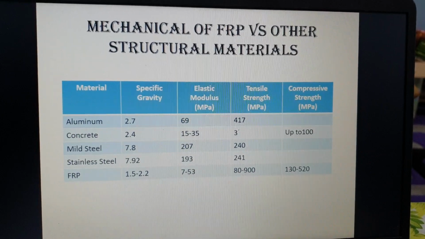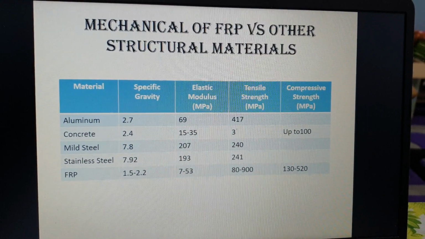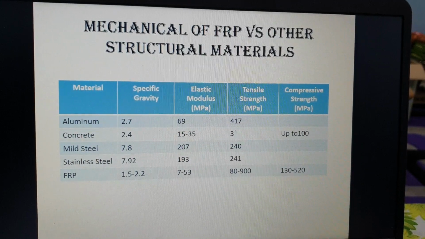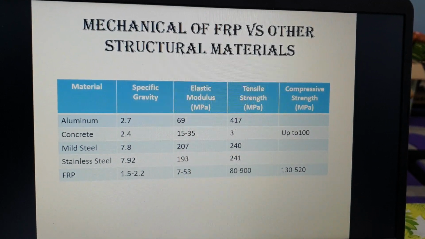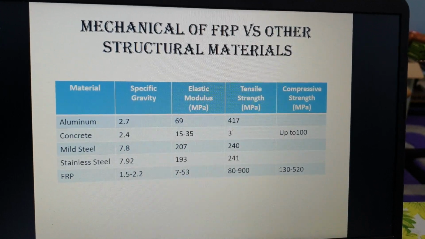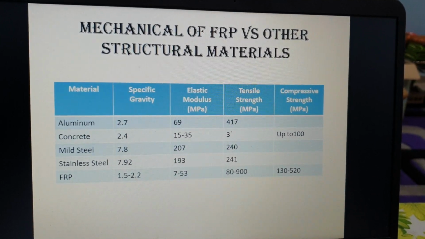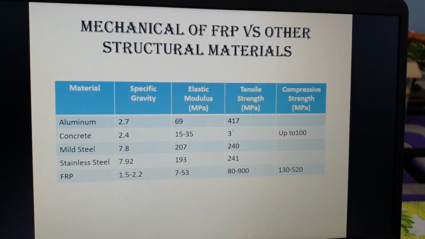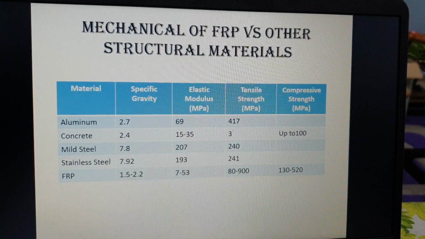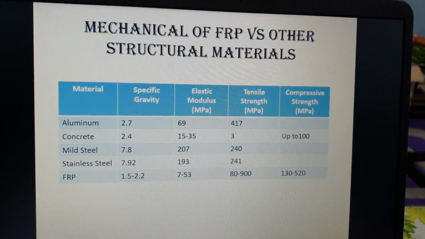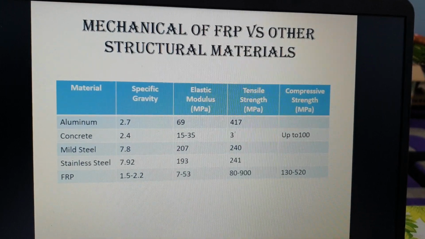If we look into specific gravity, most of the materials are more than 2.3, meaning the density is very high. It is logical that mild steel and stainless steel have specific gravities of 7.8 and 7.9. FRP is only 1.5 to 2.2, very light.